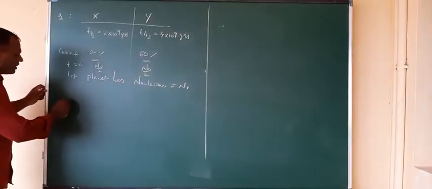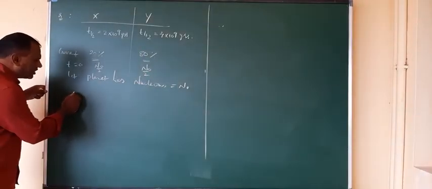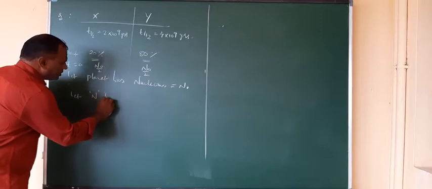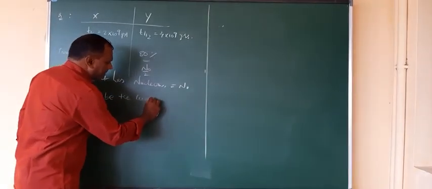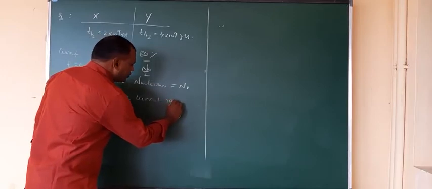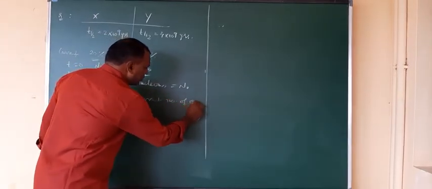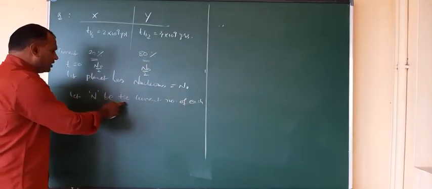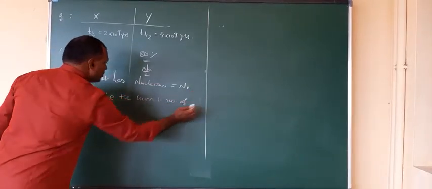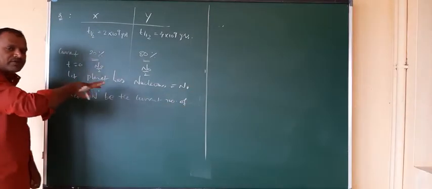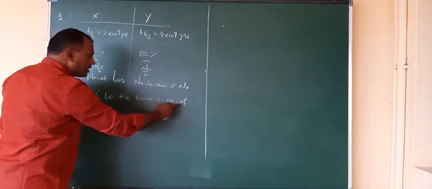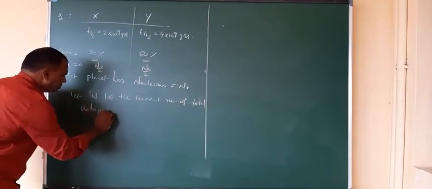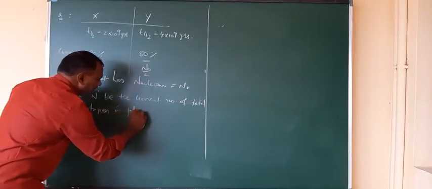And now consider one more letter, let N be the current number of each of X and Y at present, let N be the current number of total isotopes in the planet, right?